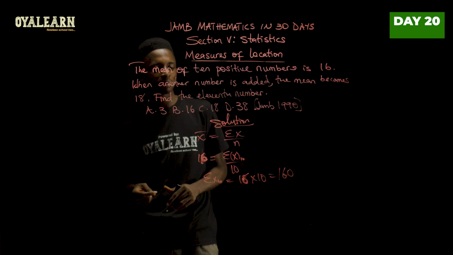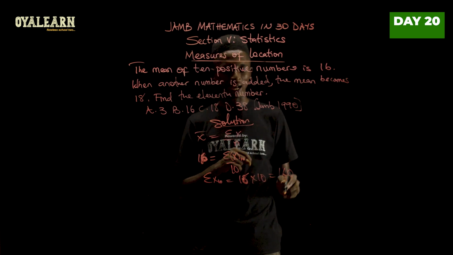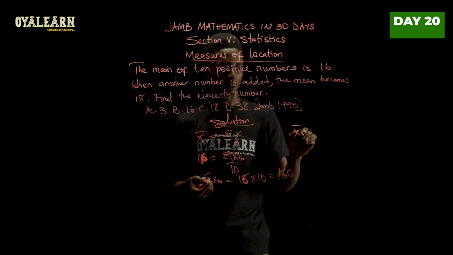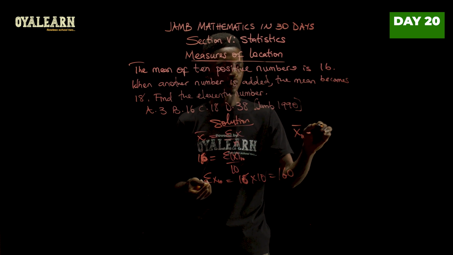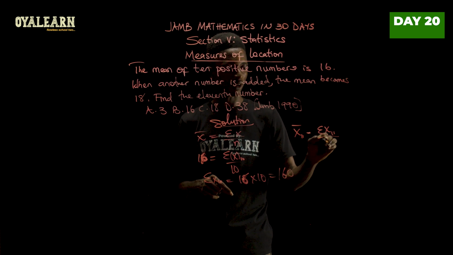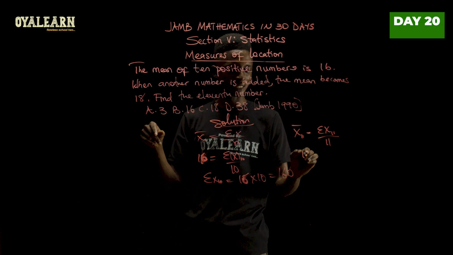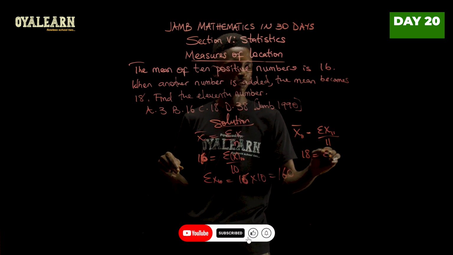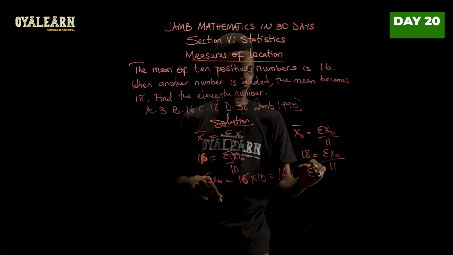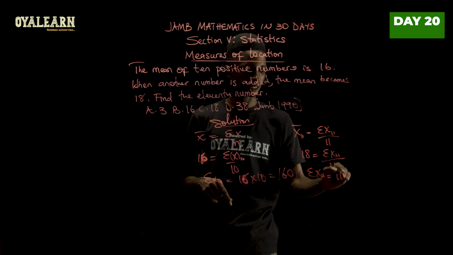Now, applying the same thing for the case where we have another number, x bar for 11 numbers will now be summation x of 11 over 11. So applying that, the mean in this case is 18 equals summation x of 11 over 11. So the sum of the 11 numbers will then be 11 times 18.